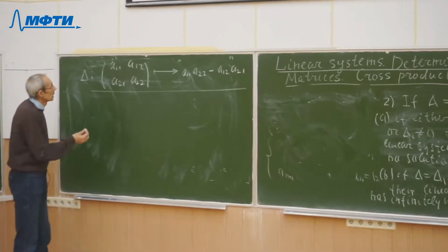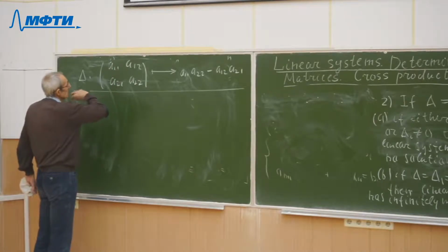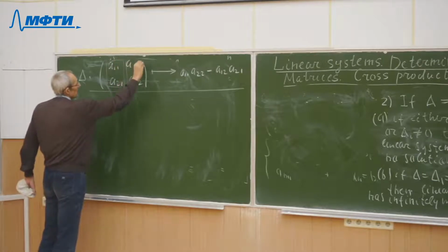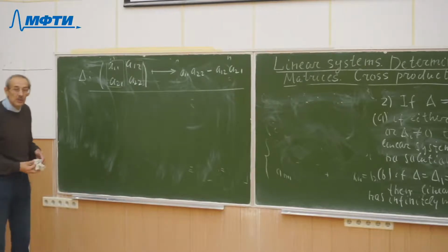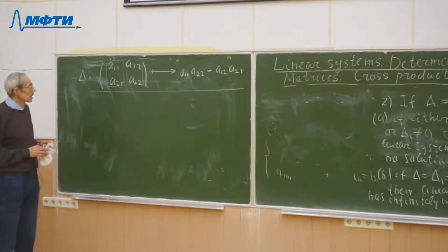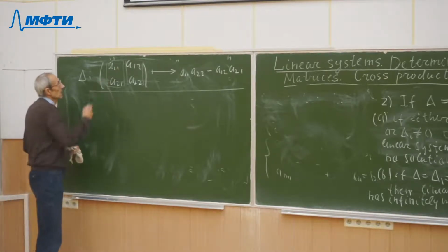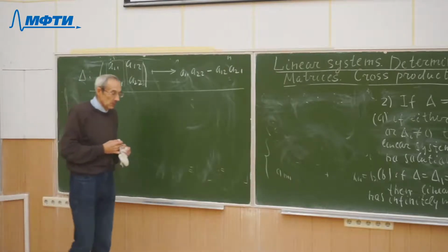It is easy to see that we can consider this correspondence as some function which is defined on the rows, or maybe the columns, of this matrix.